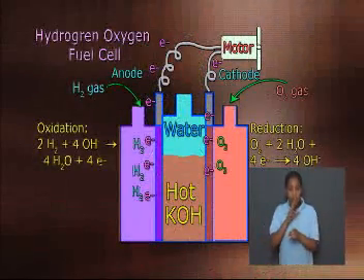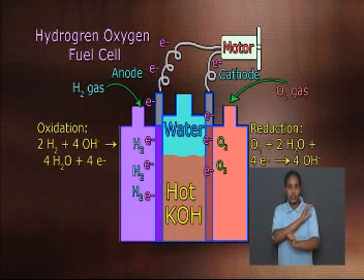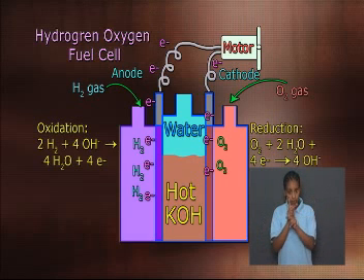Let us now learn about fuel cells. Fuel cells are electrochemical cells that convert energy from a fuel into electrical energy. They require a continuous supply of reactants to keep functioning.